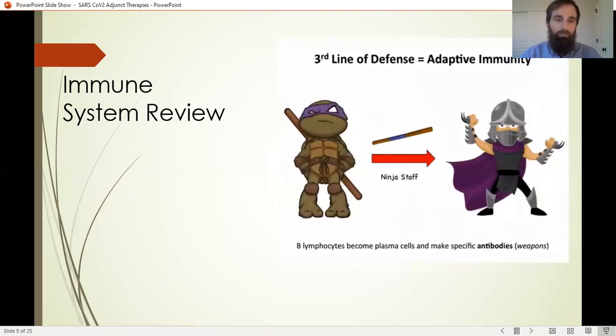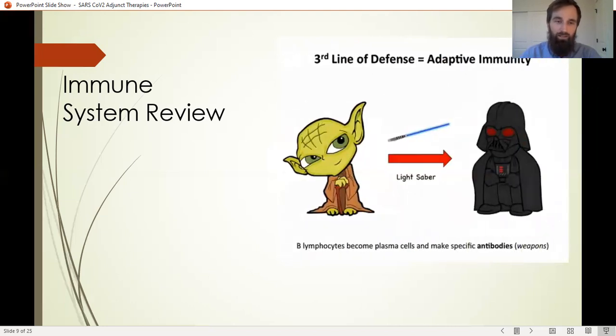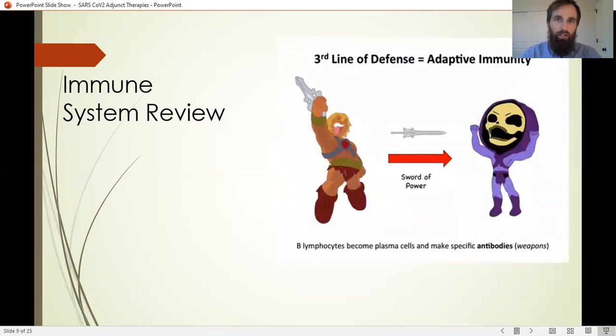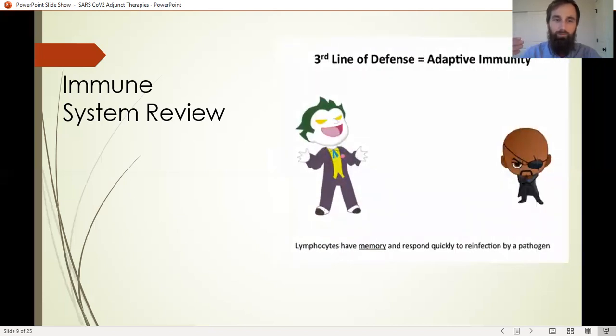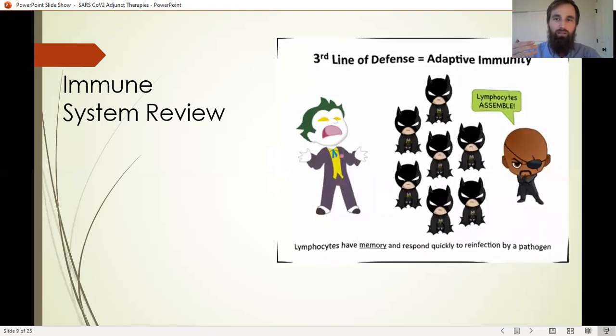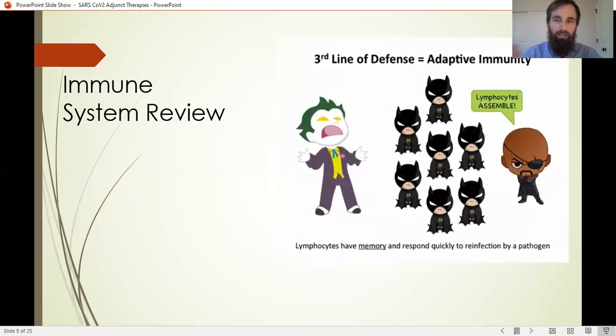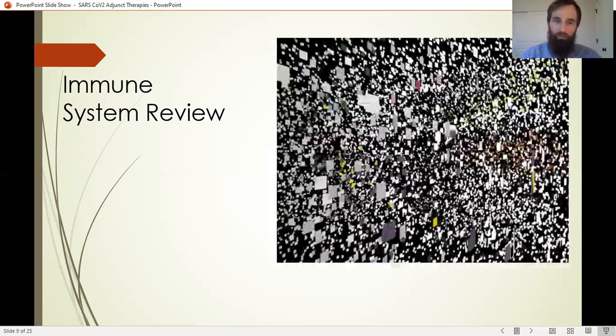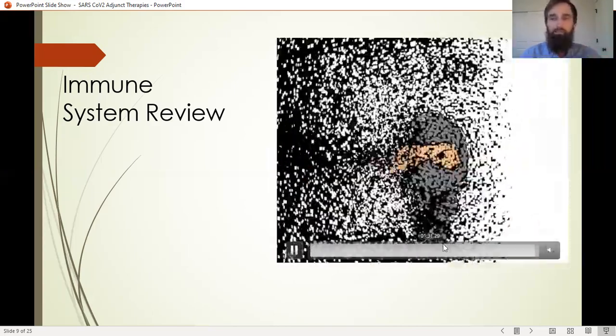Now, the antibodies are, again, the third line of defense. So we really are going to be focusing on this second line of defense. How do we get that optimal first internal response to the point where it's doing an effective job before the interferon suppression happens, before the huge amounts of viral replication are occurring?